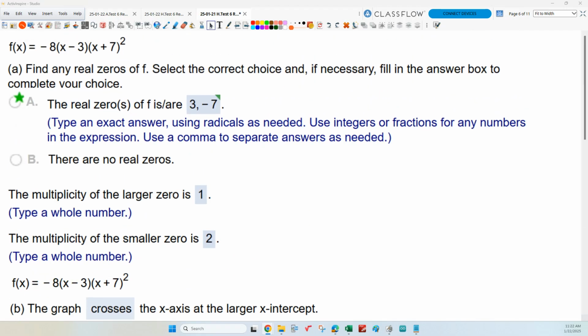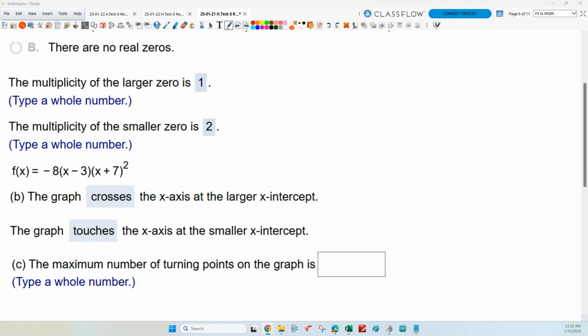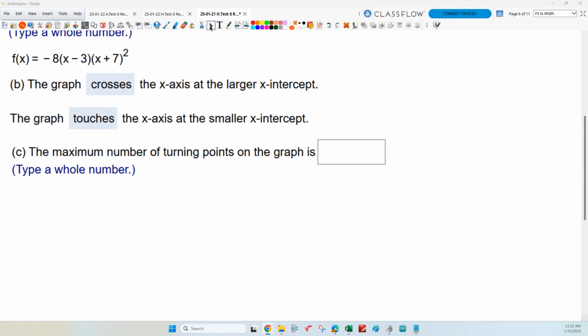Now what would the leading term be on this thing if I multiplied it out? X cubed, right? So the degree is what? 3. So what's the maximum number of turning points? 2. It's always 1 less than the degree, right? So that one is 2.